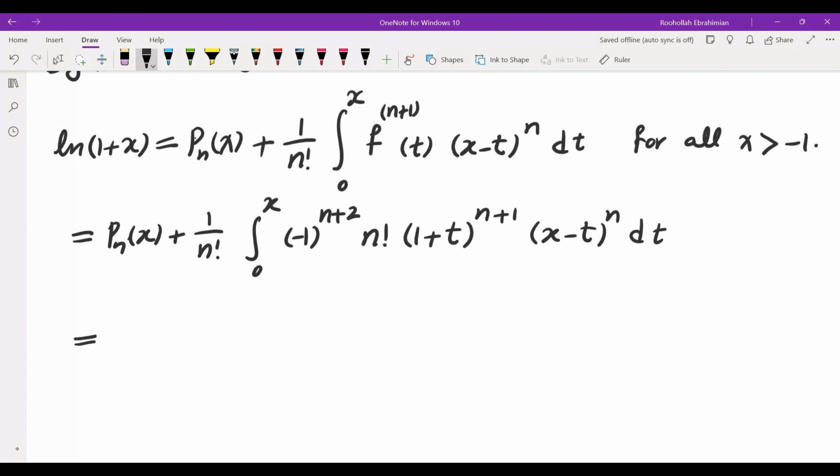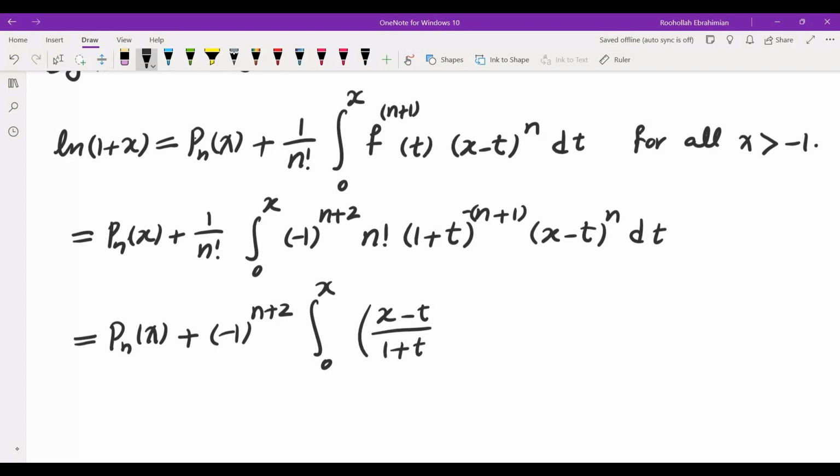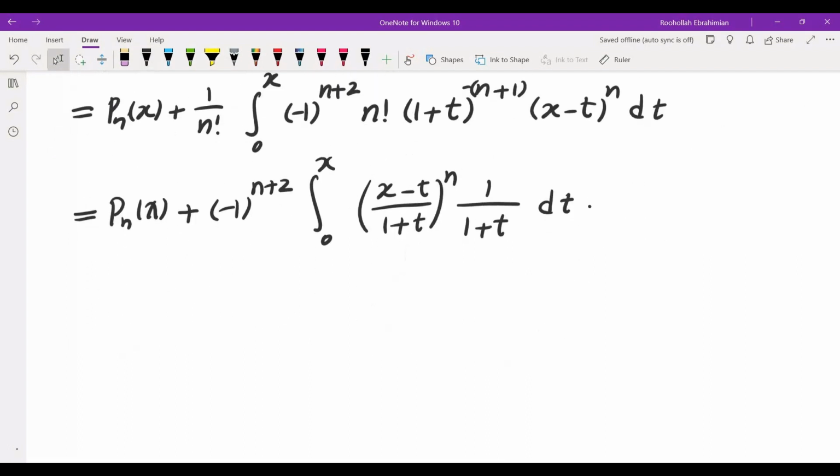N factorials cancel and we get Pn of x plus -1 to the power of n plus 2 integral from 0 to x, and the exponent should be negative. This one can be written as x minus t over 1 plus t to the power of n times 1 over 1 plus t dt. Now we need to show this remainder approaches 0.